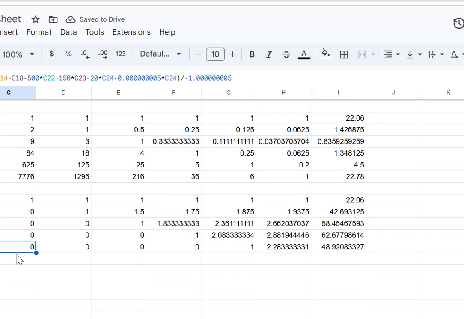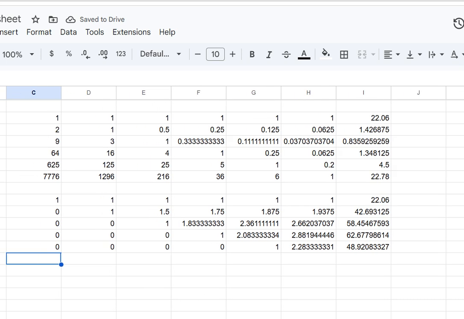Okay, so for the last row, we need 7776 times the first row. Hold on. This is equal to 7776 times the first row minus the last row. And that gets us here.